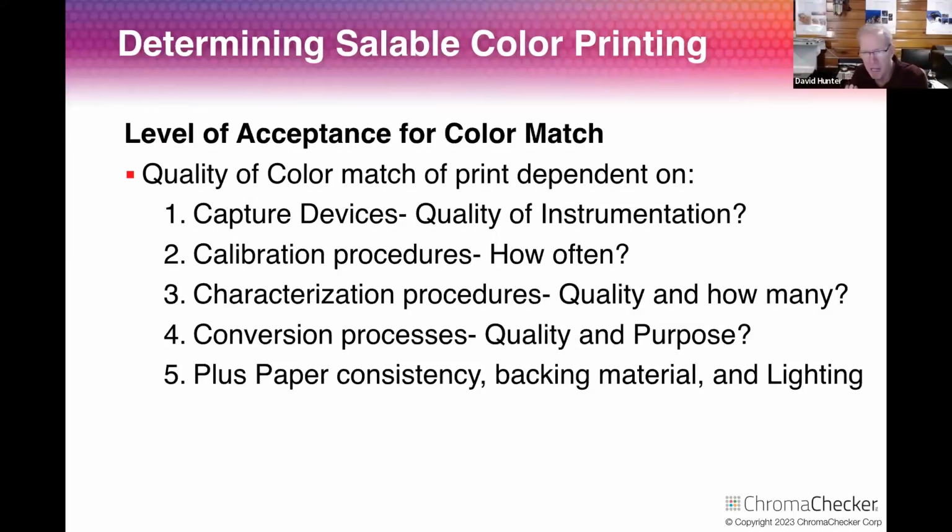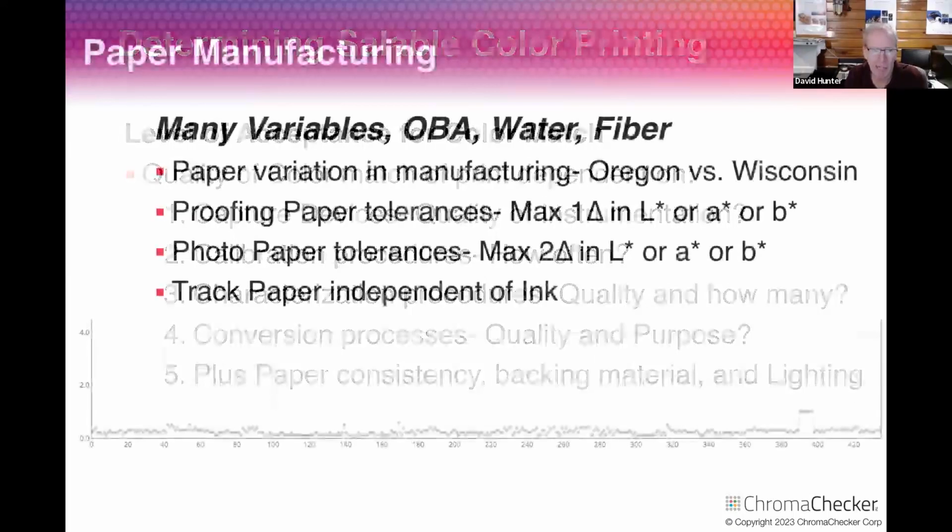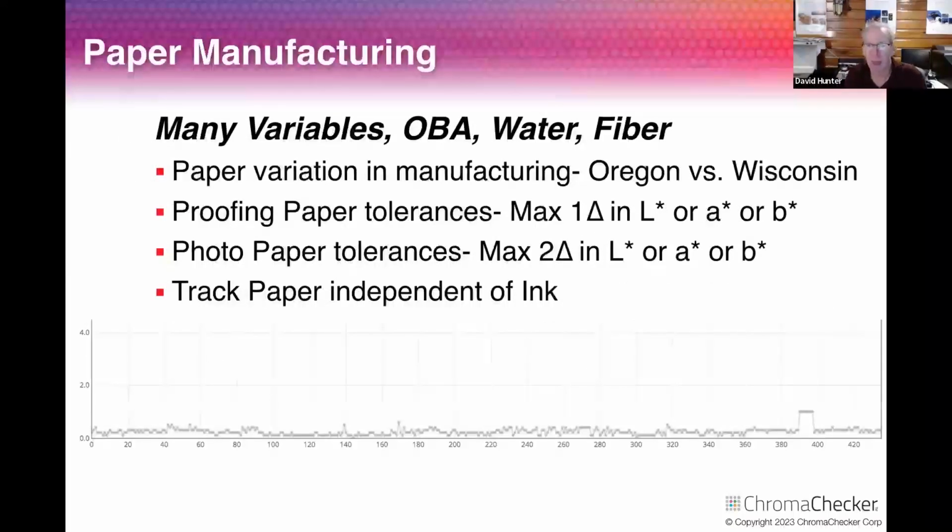Do I just need to apply a G7 curve, or should I do an ICC profile conversion? Plus paper and backing material and lighting, all these variables play into the level of acceptance of a color match, because the tighter the level of color match you're expecting, the more you need to pay attention to each one of these variables. And we're going to talk about that now, such as paper.